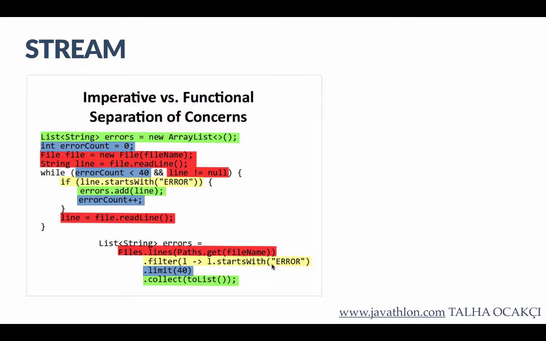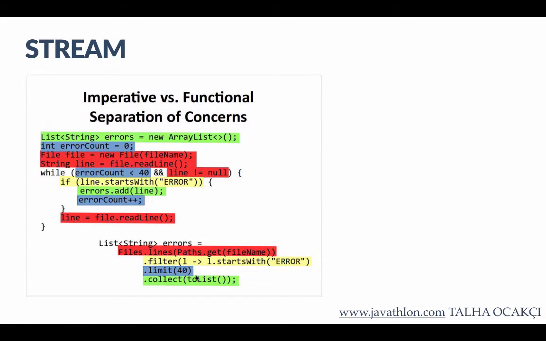When you use this statement, the lines inside the text file get to you one by one. Not at once, but one by one. So you read a line, after that you check this line with this filter, and if it starts with error, it will be put into the result set, and the other line will be read, and if the other line is also proper, it will again be put into the result set until 40 items have been reached.